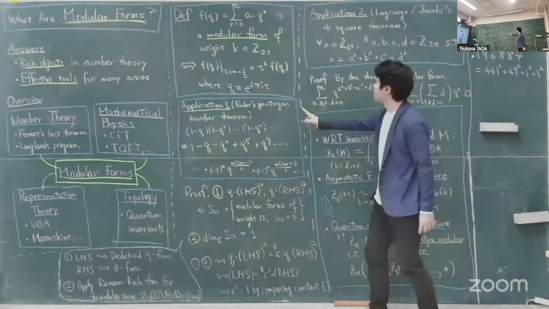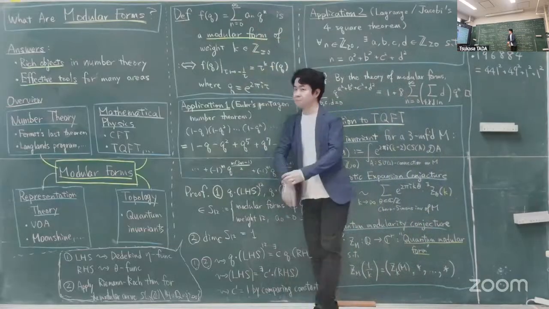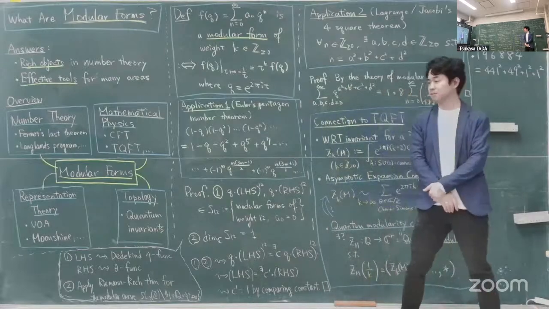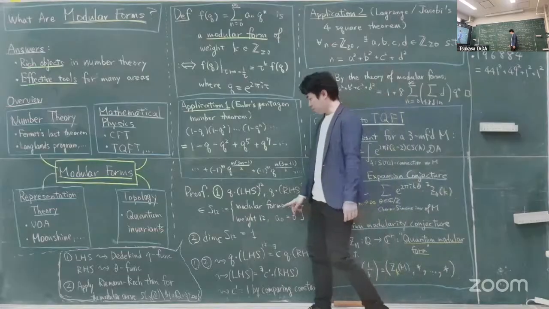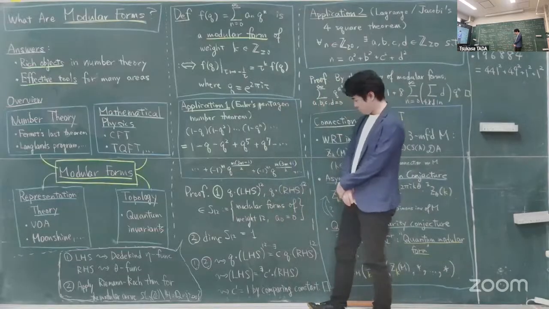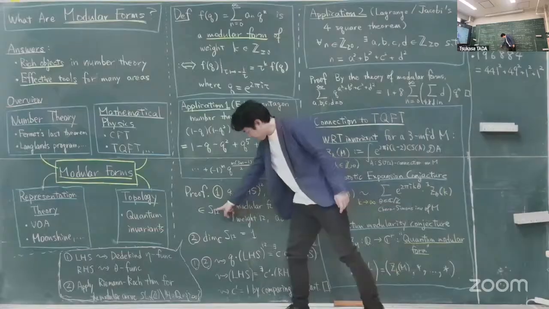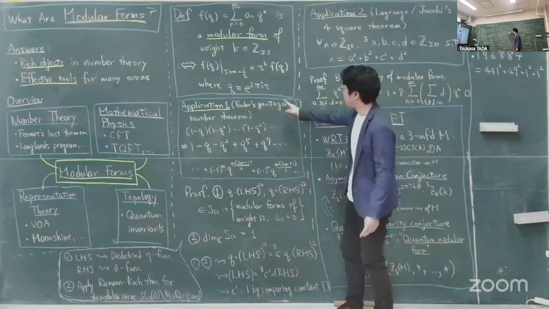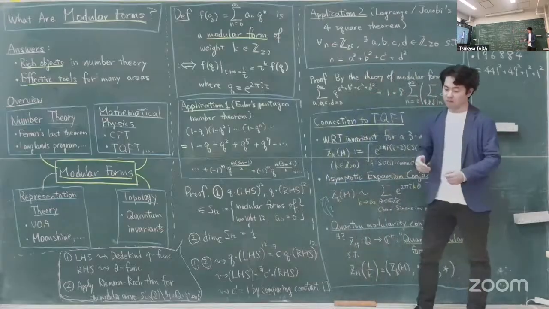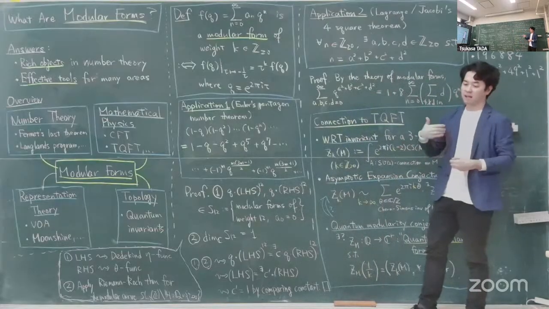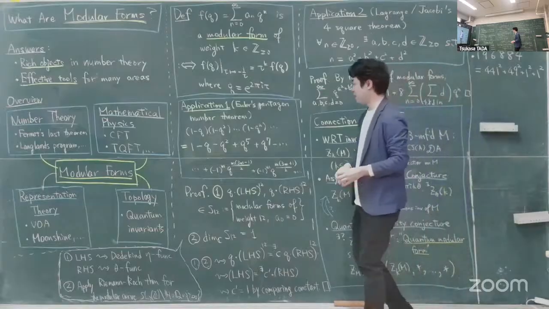Here, a0 is the first coefficient in the power series. In the second part, we can prove that these forms make a vector space, because this condition is preserved by scalar multiplication and addition.